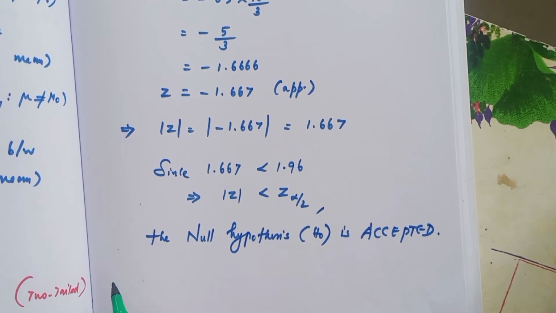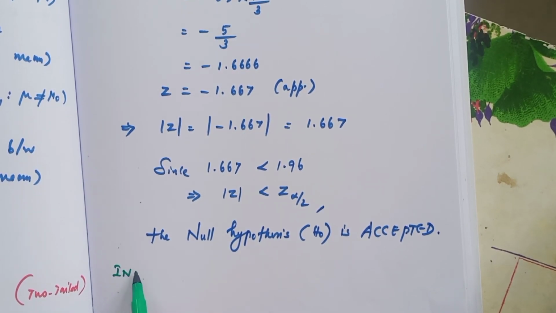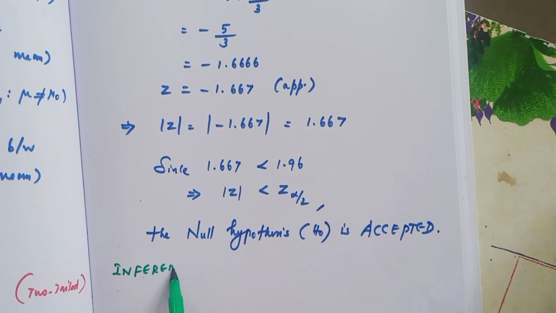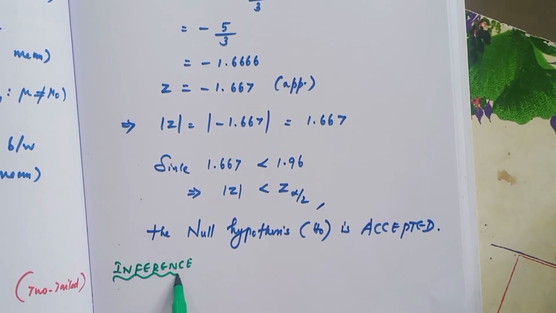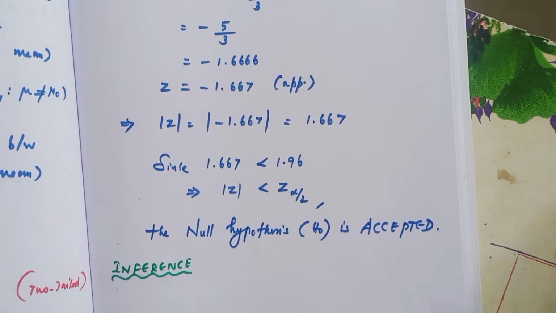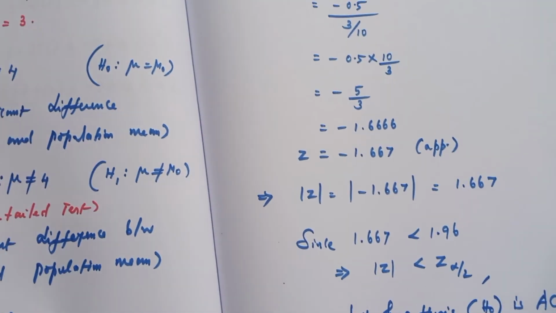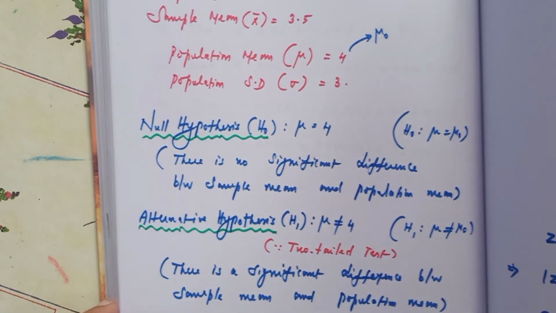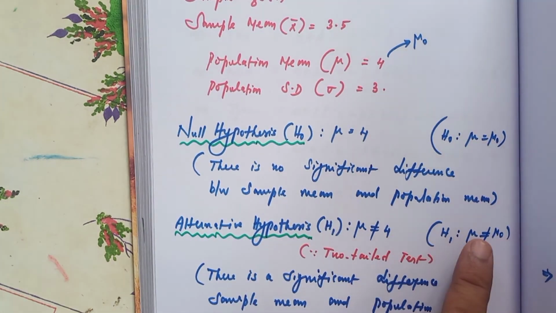Finally, you have to write the result, which is called the inference. What I mentioned in the null hypothesis is that there is no significant difference between sample mean and population mean.